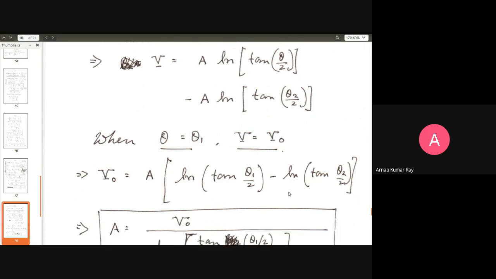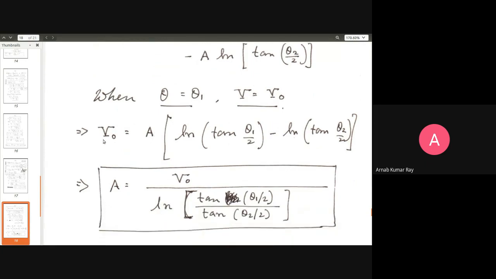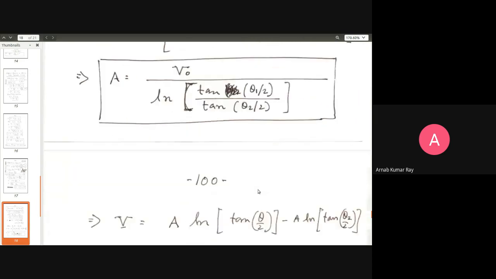Okay. With that, now take capital A as a common factor. Capital A is equal to V naught divided by log of this minus log of this, which we are writing as log of this divided by this. Capital A is equal to V naught divided by log of tan theta 1 by 2 divided by tan theta 2 by 2.